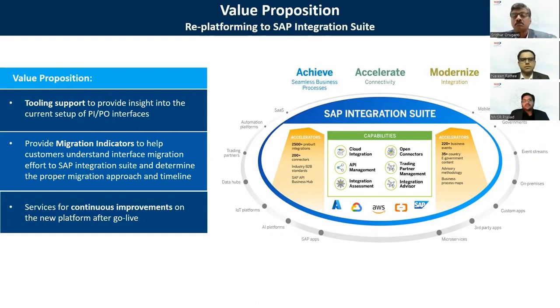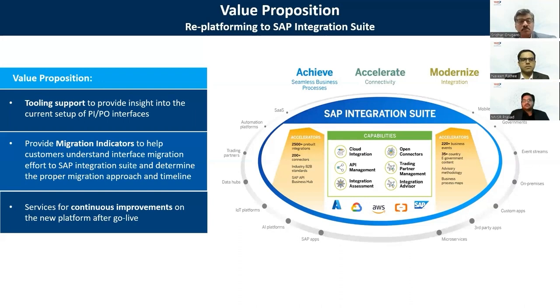Subsequently, for example, if I take S/4HANA Cloud, or Sales, SFDC, any event that occurs in the SFDC or S/4HANA Cloud, the subsequent notification will be triggered automatically. You don't need to worry about how the event is going to be triggered, what iFlow needs to be designed, or what modeling needs to be designed.